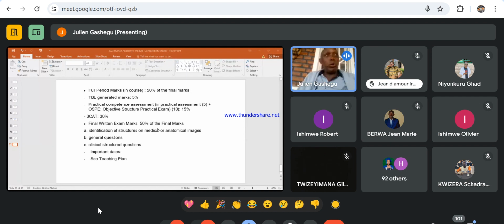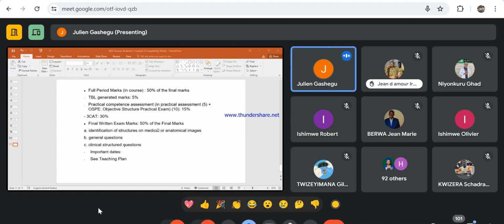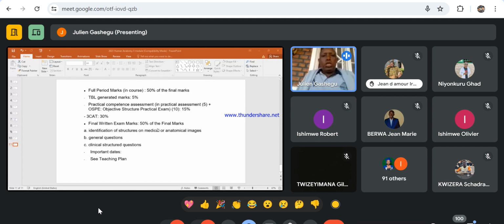It includes TBL generated marks, 5%, and practical competence assessment, which includes the small assessments they will give you during practical sessions, and then at the end, the OSPE, which you completed last time.